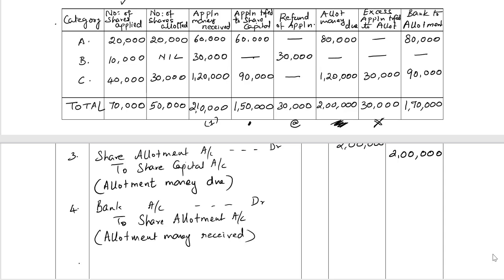The amount is the total of the last and final column, the ninth column, which is 1,70,000 rupees.